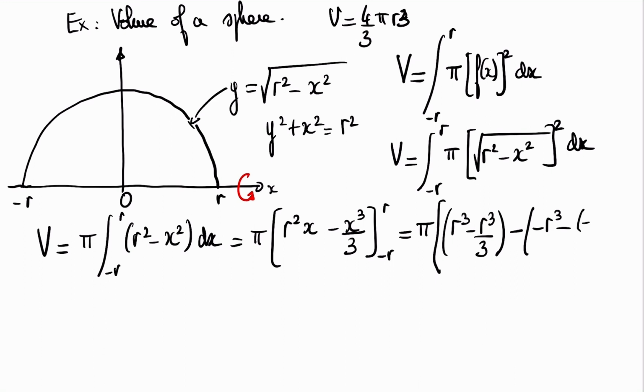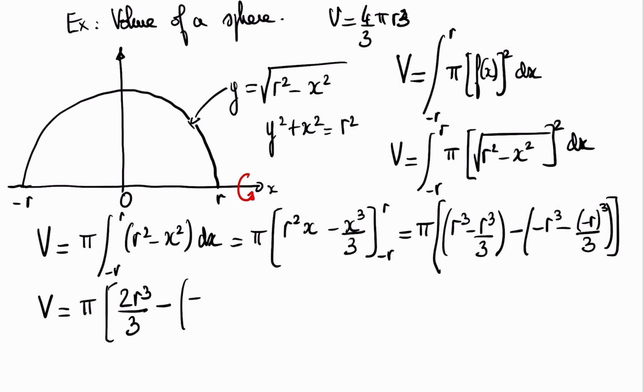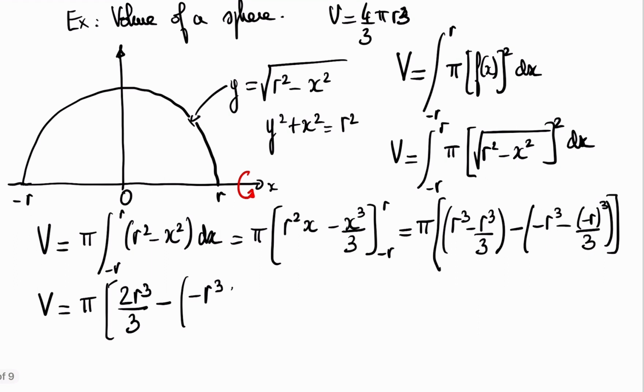Minus r cubed on 3. Right, so V equals pi times r cubed minus r cubed on 3, that's 2r cubed on 3, minus, and then the other bit is what? So minus r cubed, that's plus r cubed on 3.